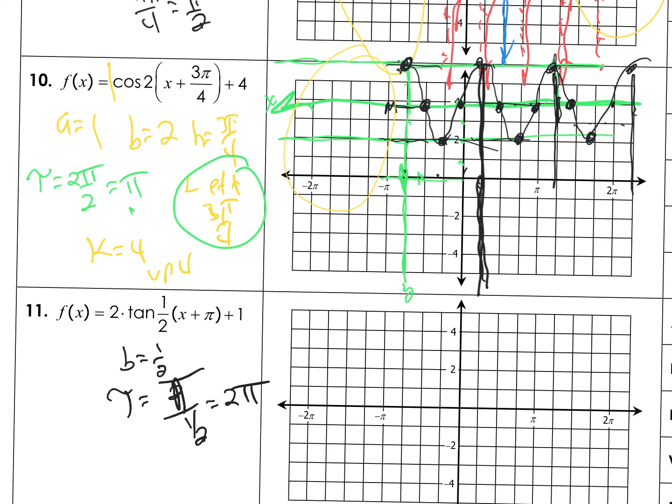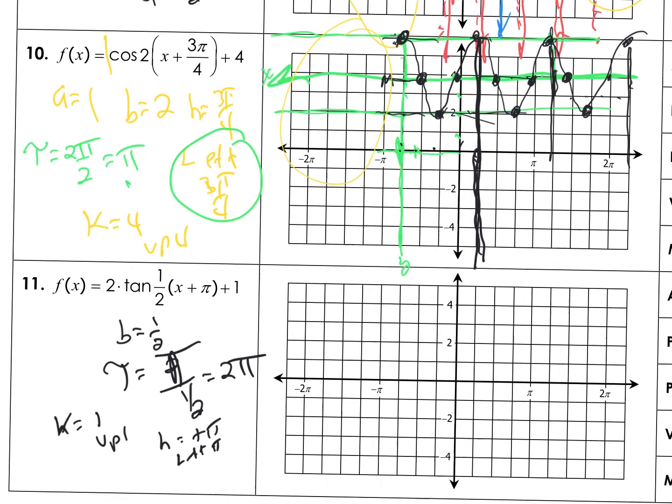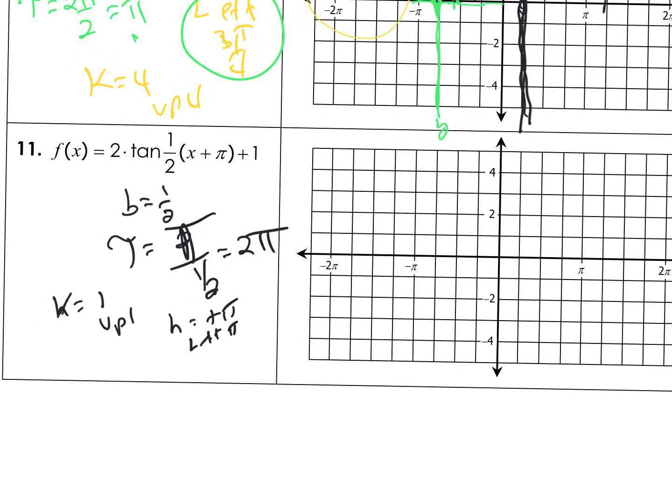My K is a 1, which means up 1. My H is a positive pi, which means left pi. So I'm gonna do red this time. Axes will be in red. I used to start at 0, 0, but not in this case because I'm shifting all over the place.